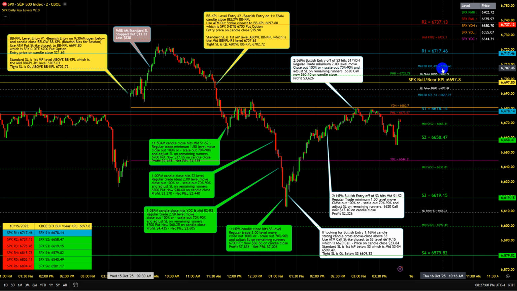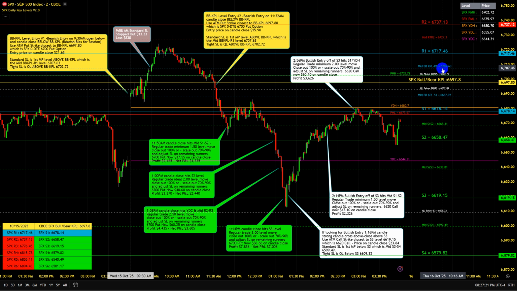Now on default startup, which is also in the features and setup video, the levels that are turned on by default in the startup, which you can change if you prefer different levels to be shown, are as follows.